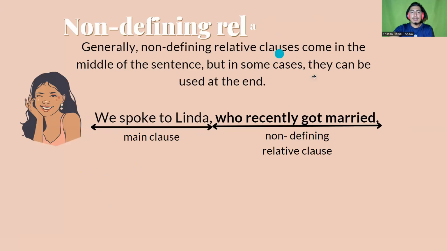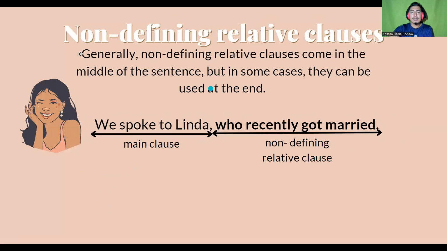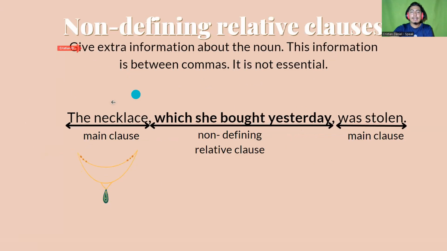Generally, non-defining relative clauses come in the middle of the sentence. Look at the first example before we continue with this sentence. This is the common structure that we have for non-defining relative clauses.